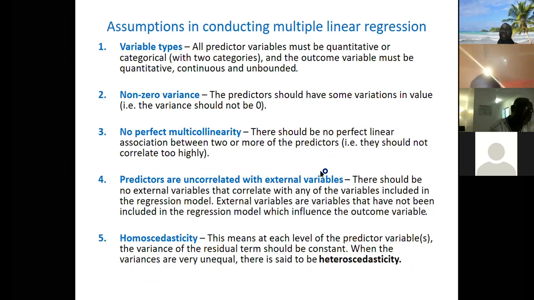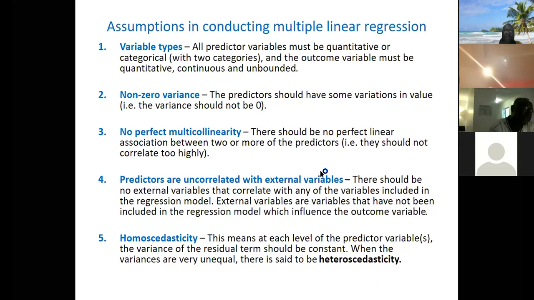Now, the assumptions you have to make in using multiple regression. All predictor variables must be quantitative or categorical with two categories. Can you see now? That is, the predictor variable is quantitative.